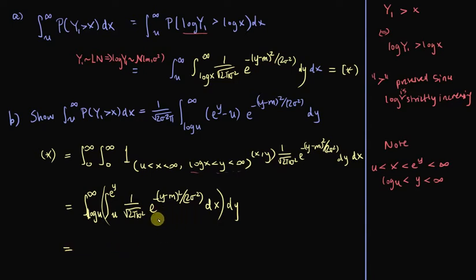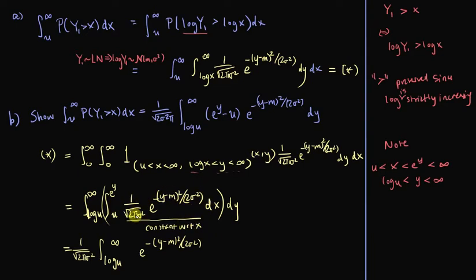And what you see is this entire term here is constant with respect to x. So in fact, you can just move it outside, then you have e to the minus y minus m squared divided by 2 sigma squared.